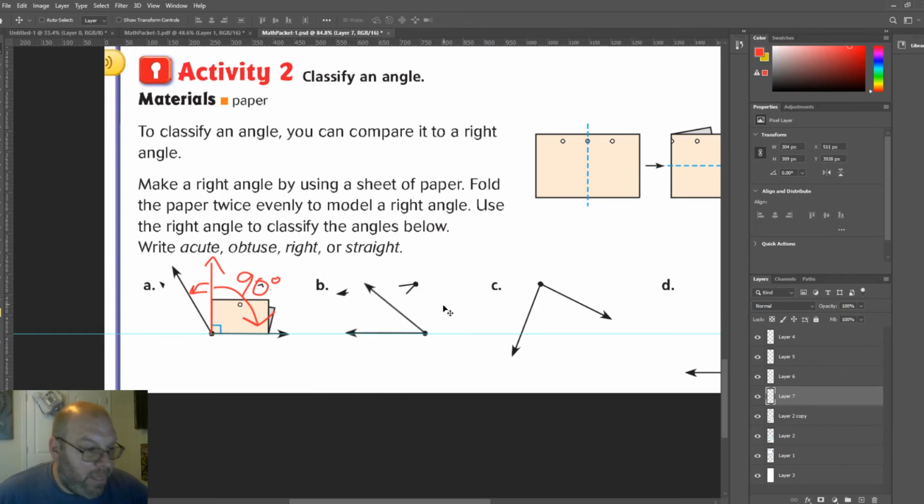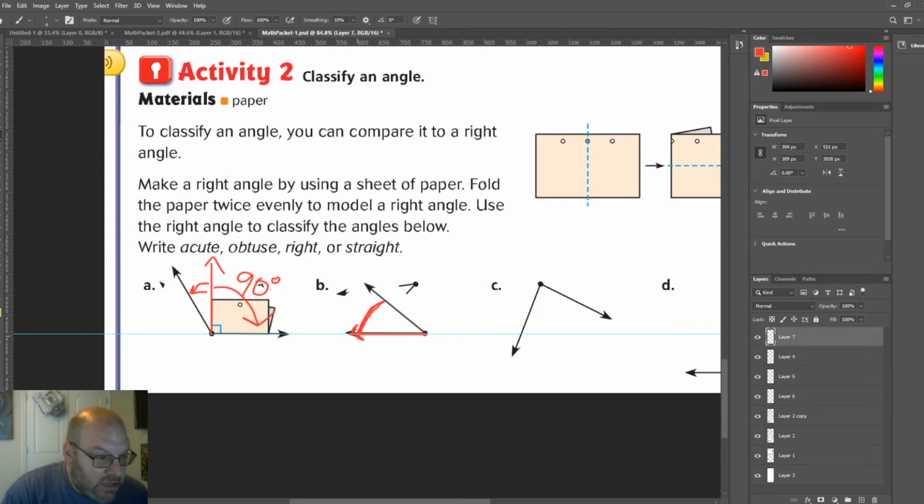Something like that. Okay? Now, some of you may look and say, oh, that's obtuse because it's over here on this side. That's not true. You have to align one of these to be a straight line on the bottom. All right? So one of them has to be a straight line on the bottom. And that's where you measure it from. Move this up here. That's where you measure it from.